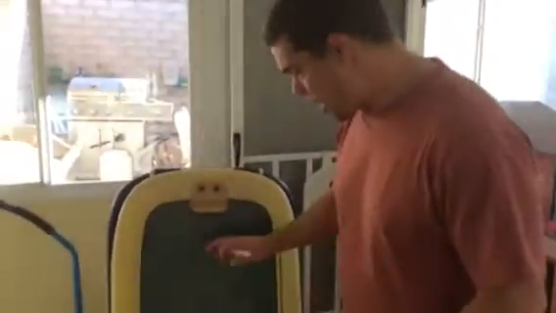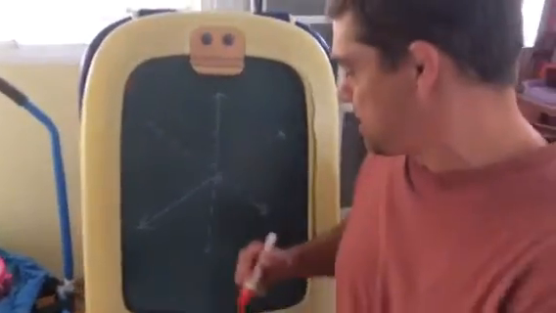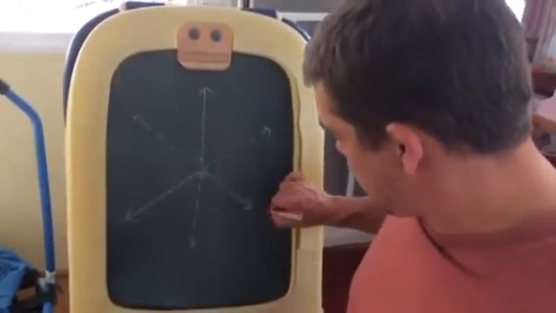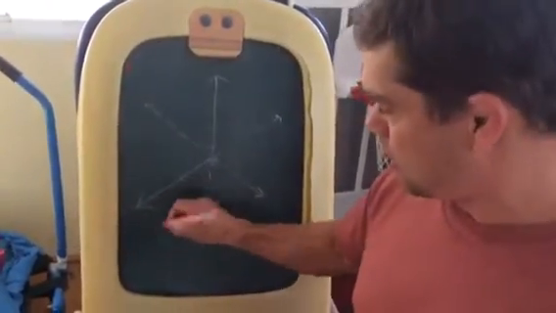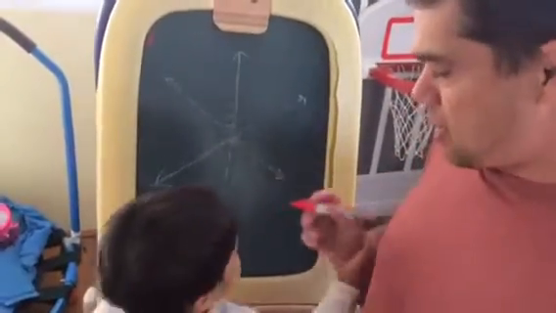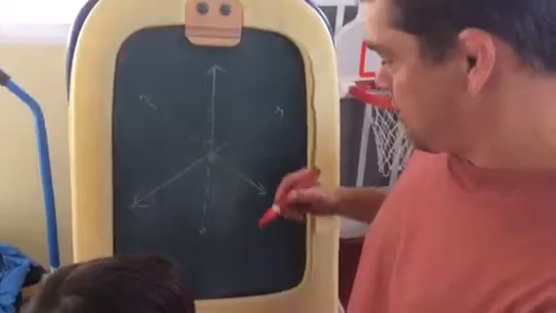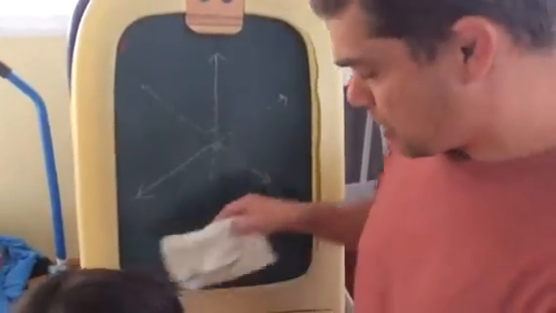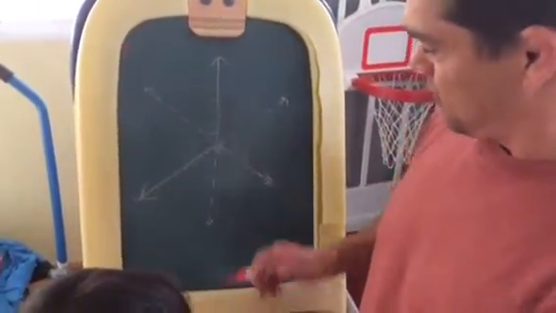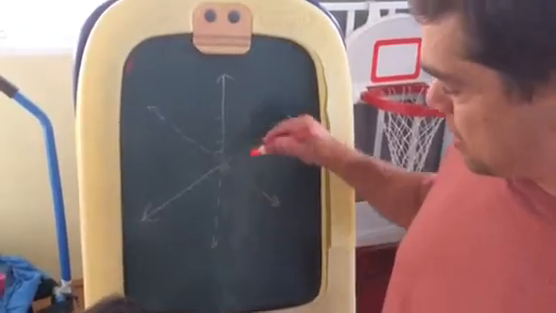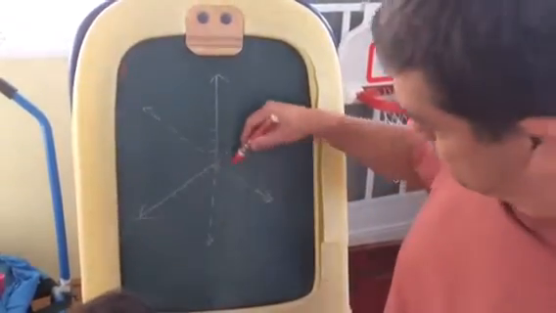Alright, so here's the x, y, z coordinate system. So if I graph this, I got x, I got y, and I have z. So I'm going to plot a point in that coordinate system. Can't see the red marker. I'm going to plot a point on the graph. So if I go in the x direction, here's x.